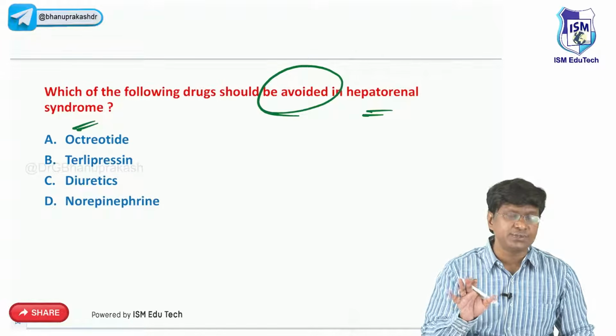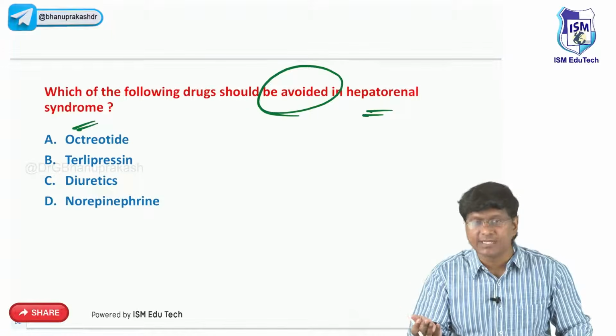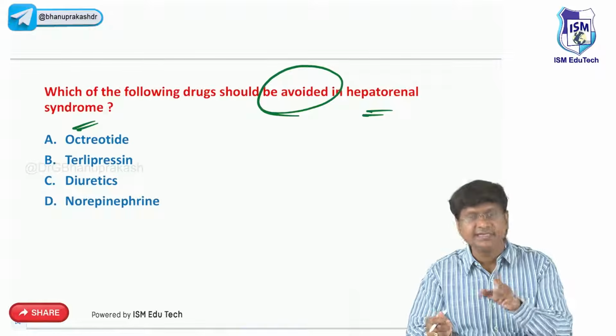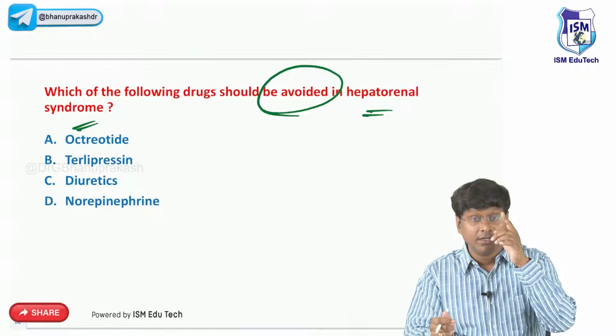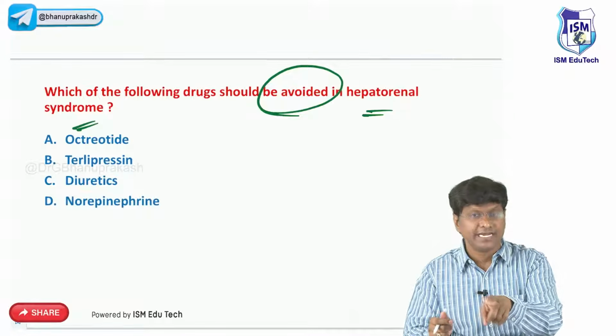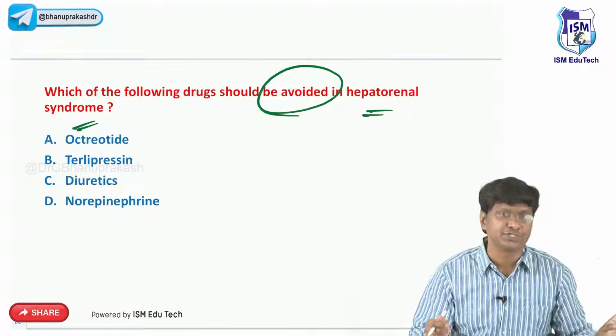It is a complication which is seen in 10% of patients with advanced cirrhosis and ascites. In these patients with the hepatorenal syndrome, there is renal failure with normal tubular function.